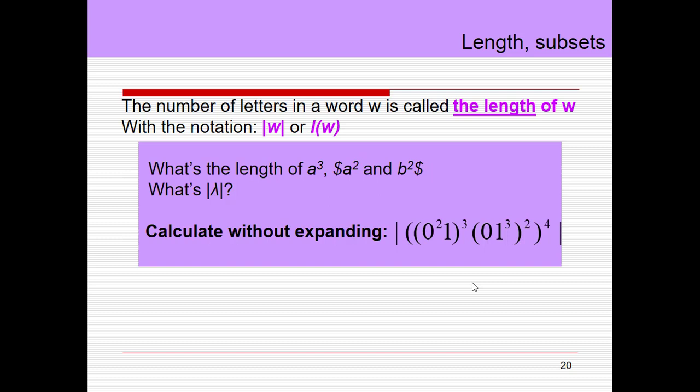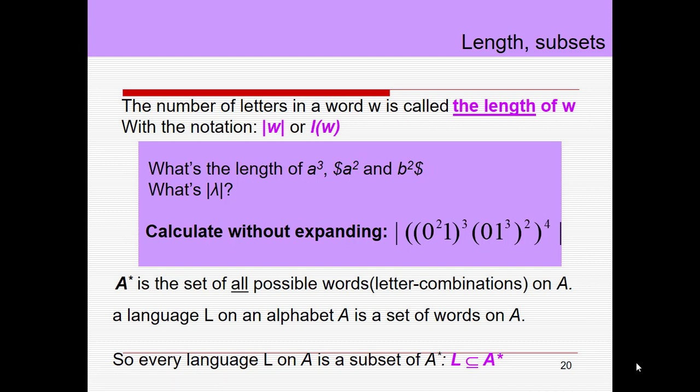Then we have 0111 twice, so again 0111. And then the complete thing would be multiplied by 4. So if we calculate the number of letters, that would give us 3 times 3 for the first part, 2 times 4 for the second part, and that in total times 4.